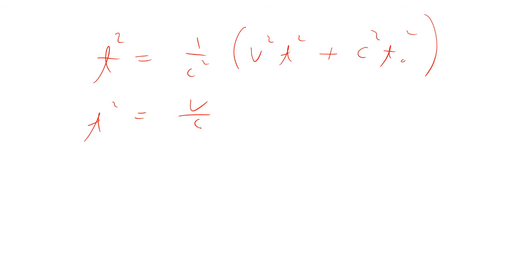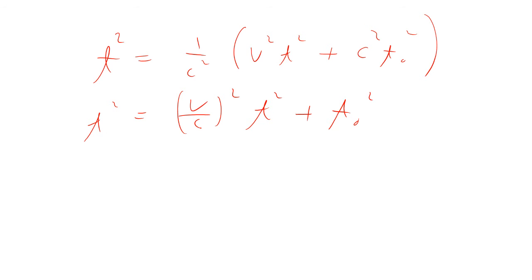So T squared equals 1 over C squared times V squared T squared plus C squared T naught squared. Factoring all that out, I can divide through, so T squared equals (v over c) squared times T squared plus T naught squared.